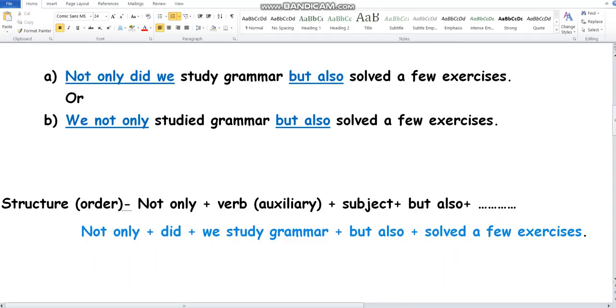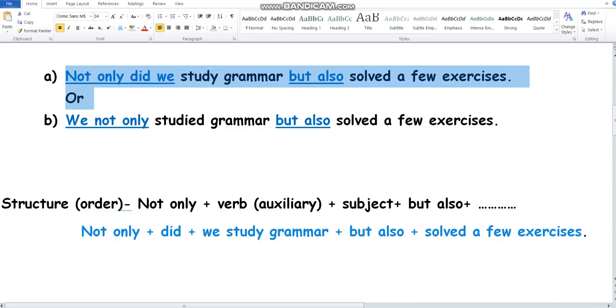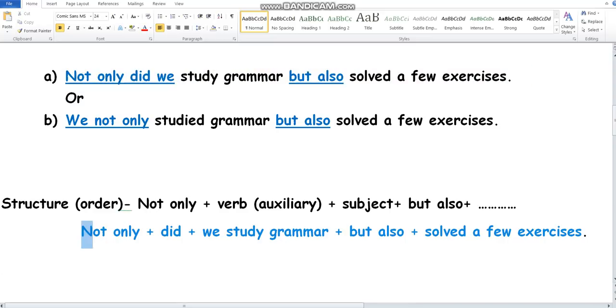Not only followed by the auxiliary verb, then the subject, followed by but also, and then the rest of the statement. So if you look at this example again, it is not only did we study grammar but also solved a few exercises.